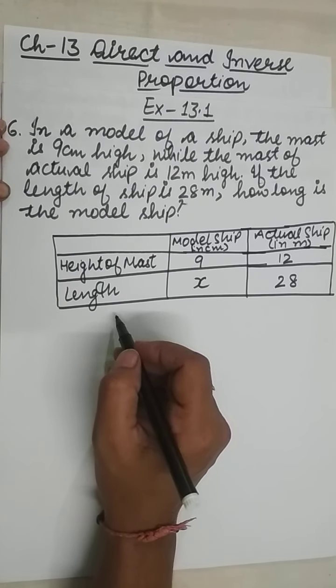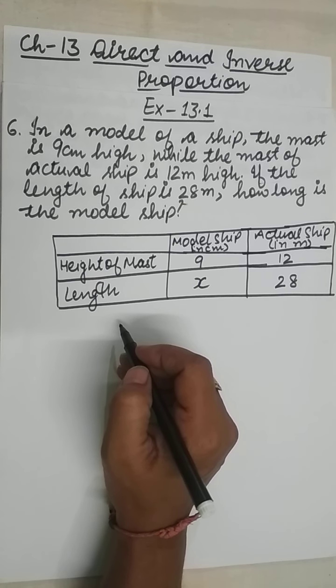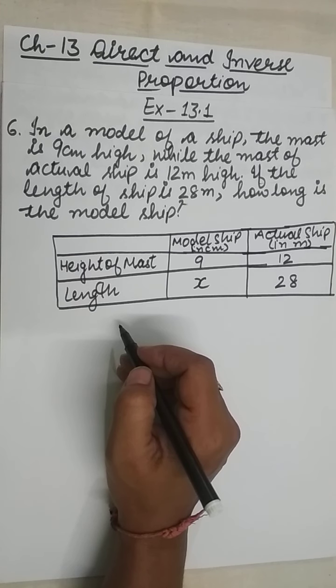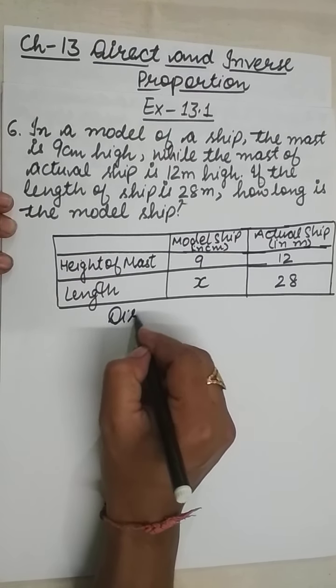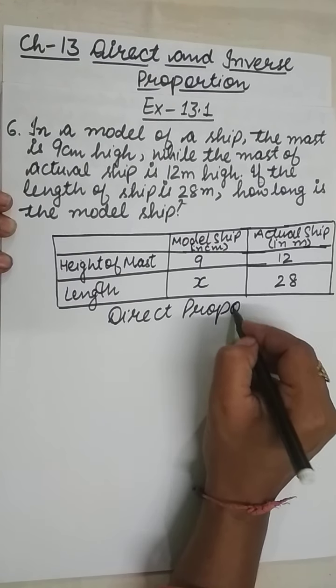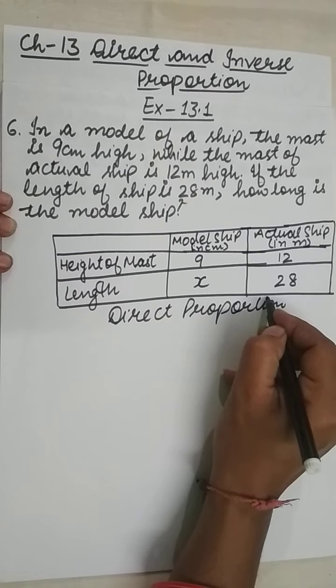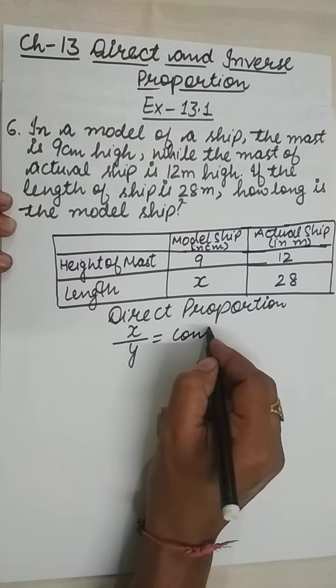Now again the question is in the direct proportion, as the values of the actual ship vary, similarly, the dimensions of the model ship will vary. So, direct proportion. It means x upon y must be equal to constant.